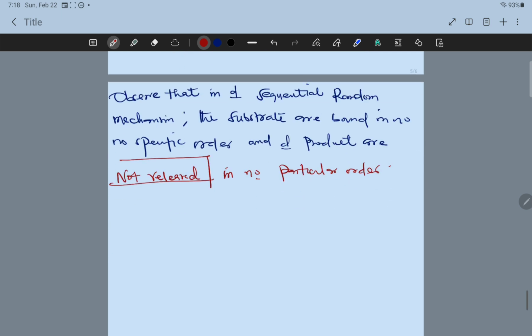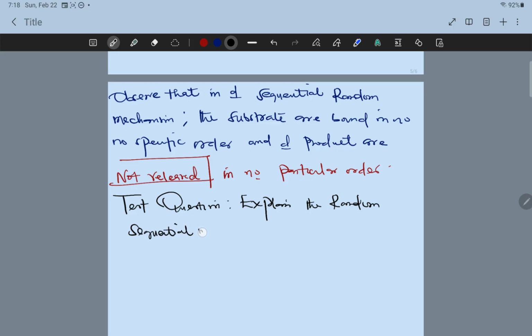So a classical example of this, we have a test question here. It says: explain the random sequential mechanism and give an example.